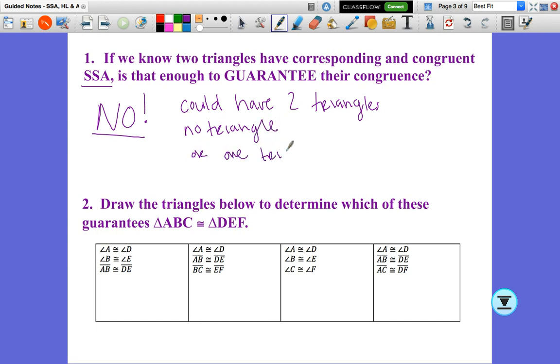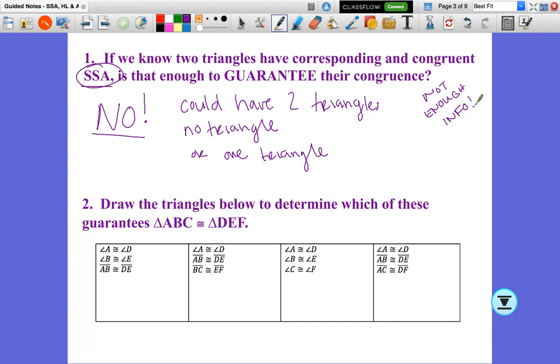So it might be congruent, but we really don't have enough information. If we have side-side-angle and that is the information we're given, it is really not enough info. We need more. They need to tell us more. They might be congruent, they might not be, but we just don't know enough.